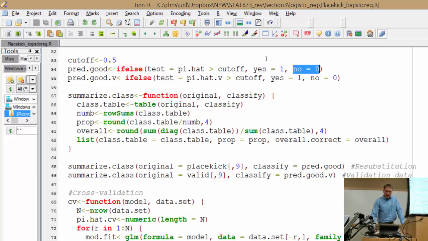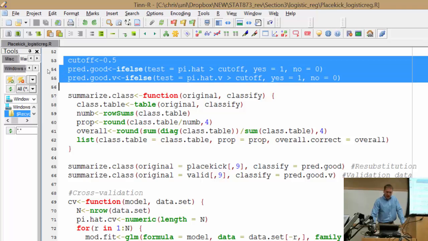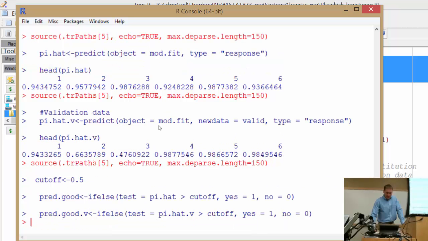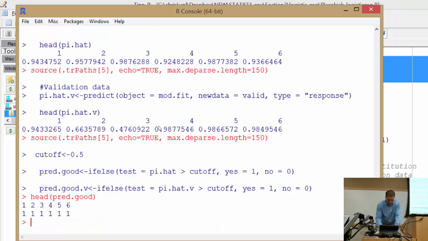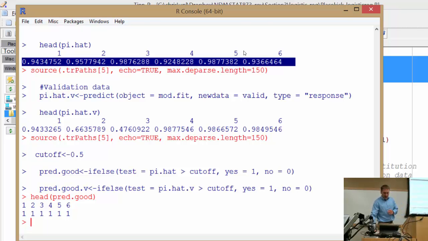Otherwise, I'm going to classify it as a failure, a 0. Do that with the original data set and do that with the validation data set. So, for example, if I do head of pred.good, there we go. All the first 6 are predicted as successes. That should make sense. Take a look at all these very high probabilities up there.